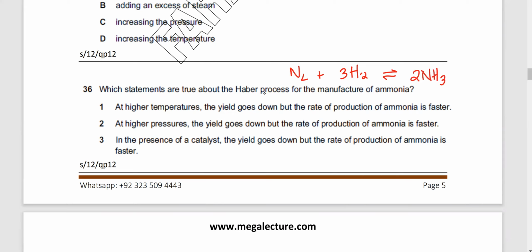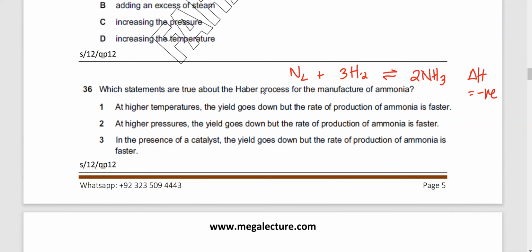So what happens at higher temperatures? It's an exothermic reaction, so exothermic prefers lower temperatures, so the equilibrium will shift to the left when the temperature goes up.